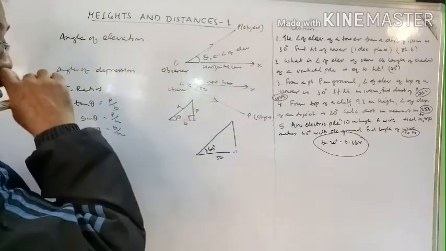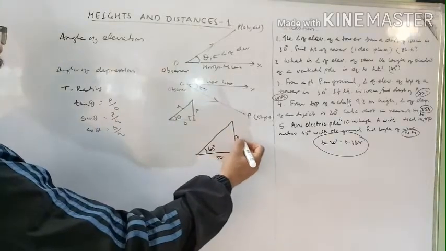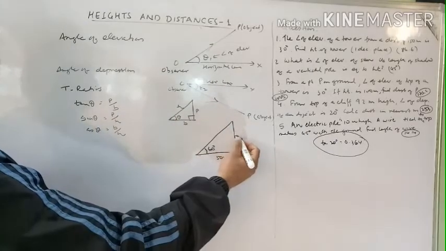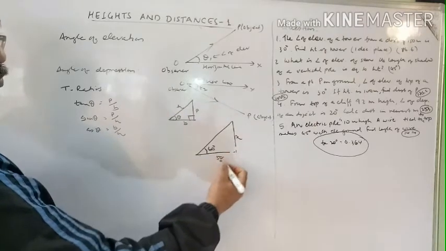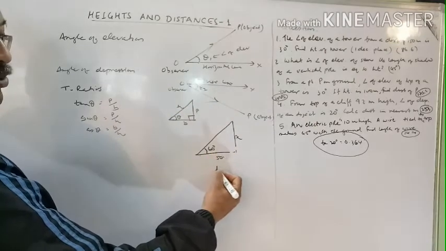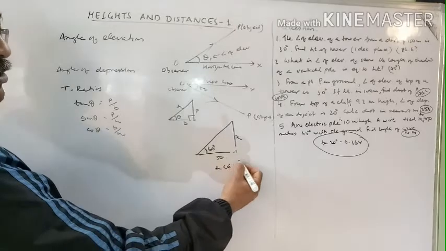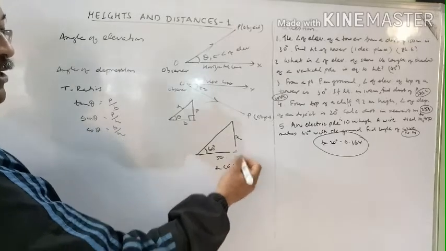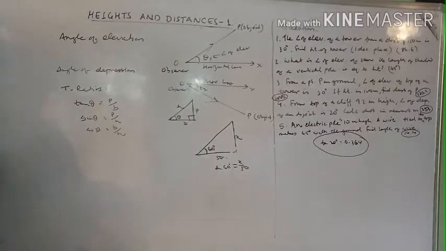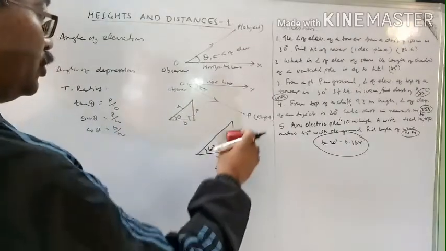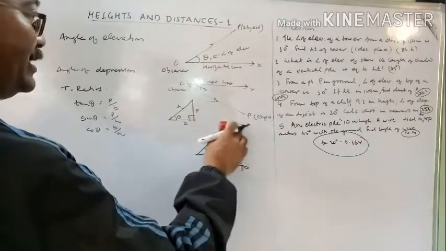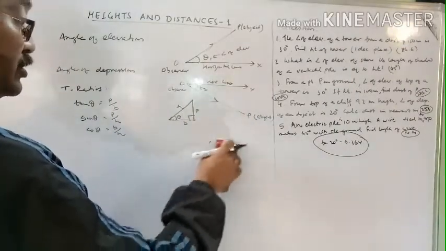Then using trigonometric ratios you can find the height. This is the perpendicular, this is the base, so P by B is tan 60 degrees equal to x by 50, so you can find the height. It's very useful. Similarly, if you know the height, you can find the distance.